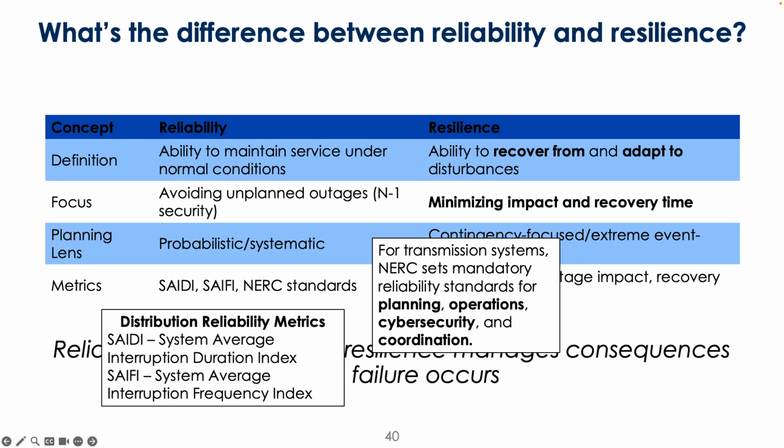There's an entity called NERC, the North American Electric Reliability Corporation, and they set mandatory reliability standards for planning, operations, cybersecurity, and coordination. Their requirements and standards will affect the way the transmission system is both built and operated.